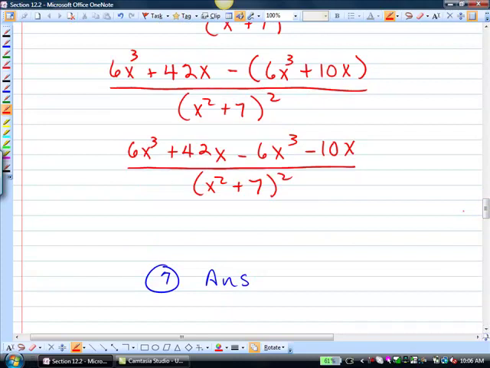So what do we end up with? 32x over that. And that is the format that MathLab is going to want.